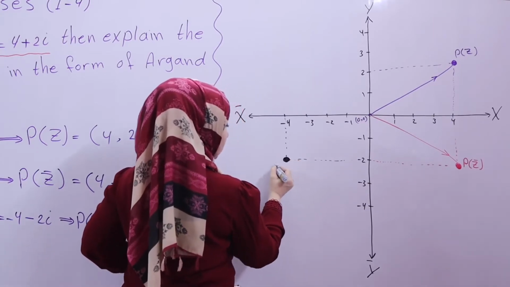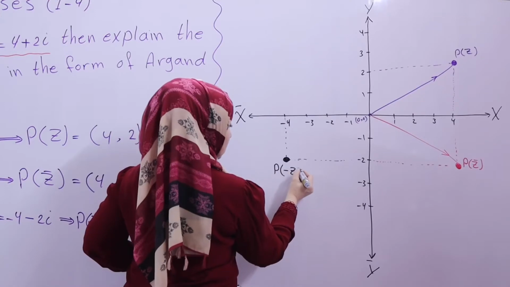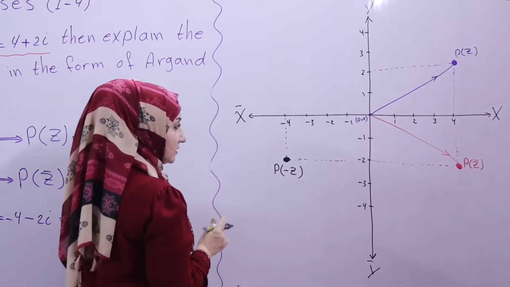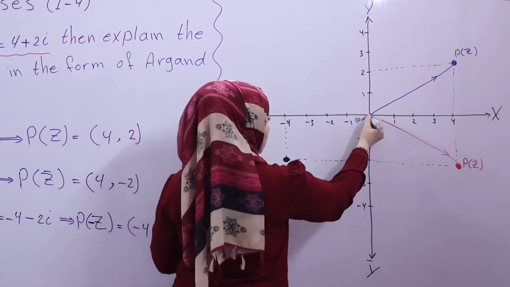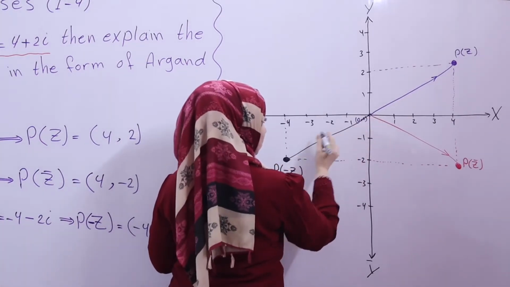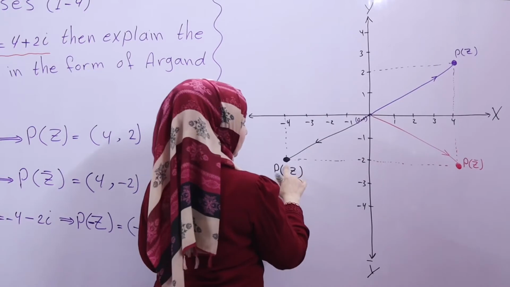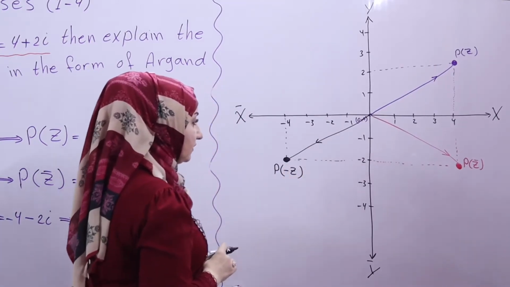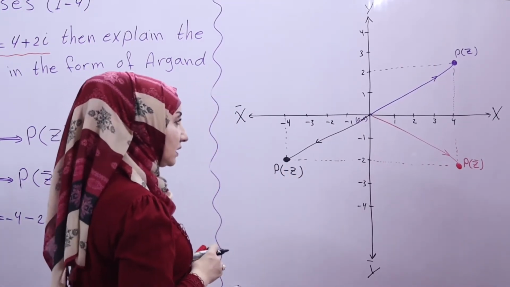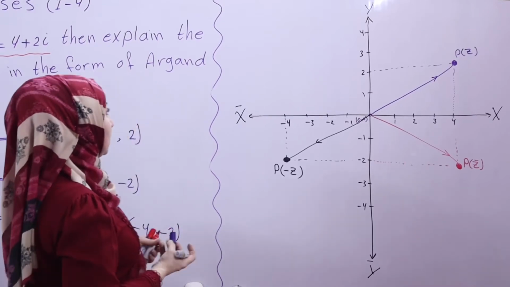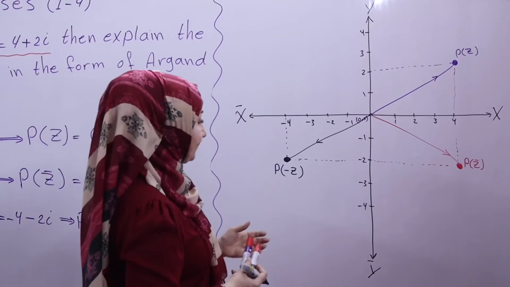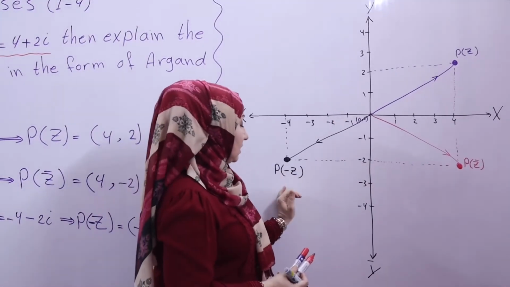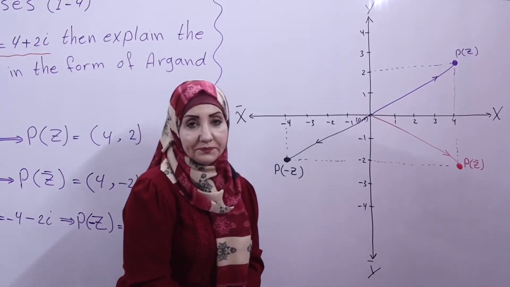So this point represents the additive inverse. And now we want to draw the Argand shape, so we connect the origin and the point which represents negative z. So here are the Argand shapes required in the question for the three complex numbers.